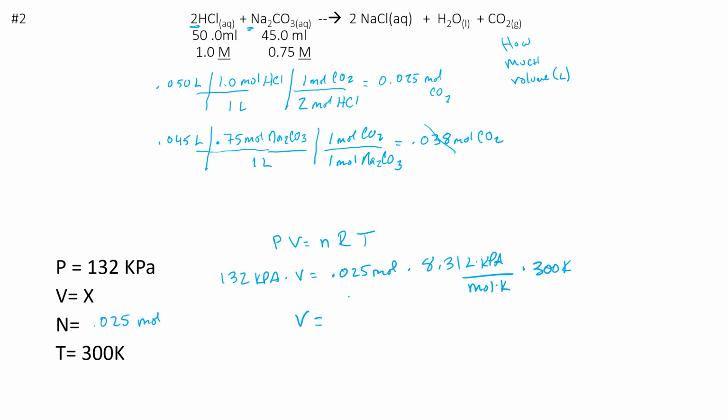When solved for volume, volume equals 0.47. And I'm just going to do this in 2 significant figures because of the molarities. So 0.47 liters of CO2 is my final answer. And that's what I'm going to stick to.